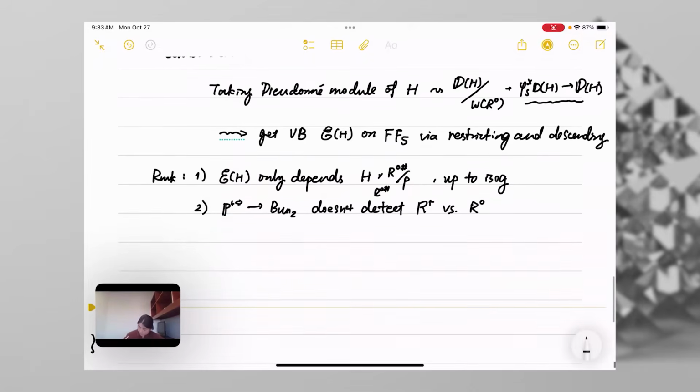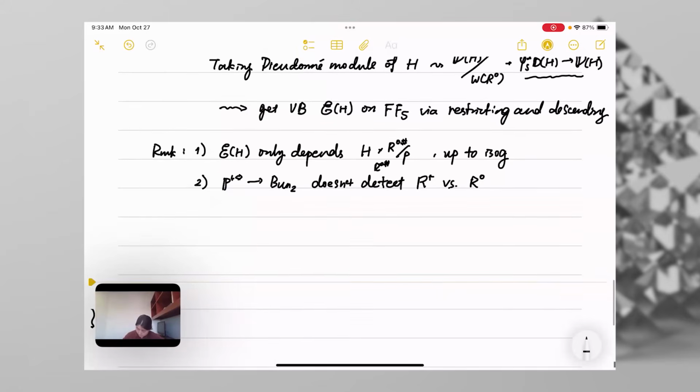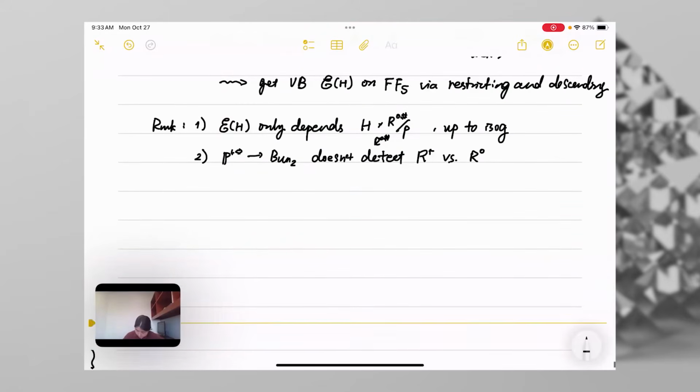This will become a point that sometimes causes some confusion when we use this map to define a stratification on the modular curve, which I will mention in a while.